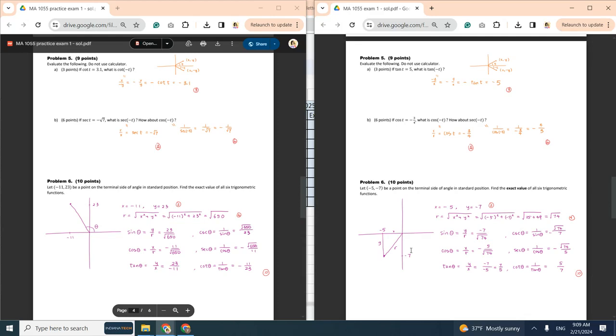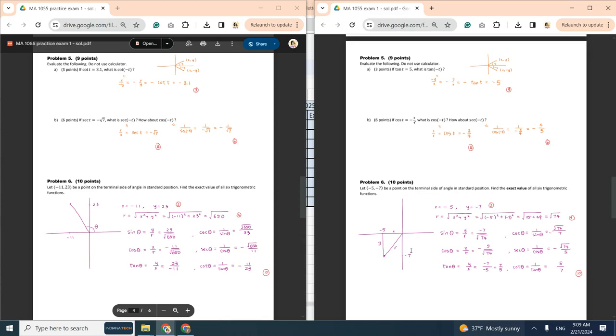No. Exact value. What does exact value mean? It's either a fraction or an irrational number. So leave the square root there. If you use your calculator, it gives you a bunch of decimals. Are you able to write down all the digits forever to get the exact answer?